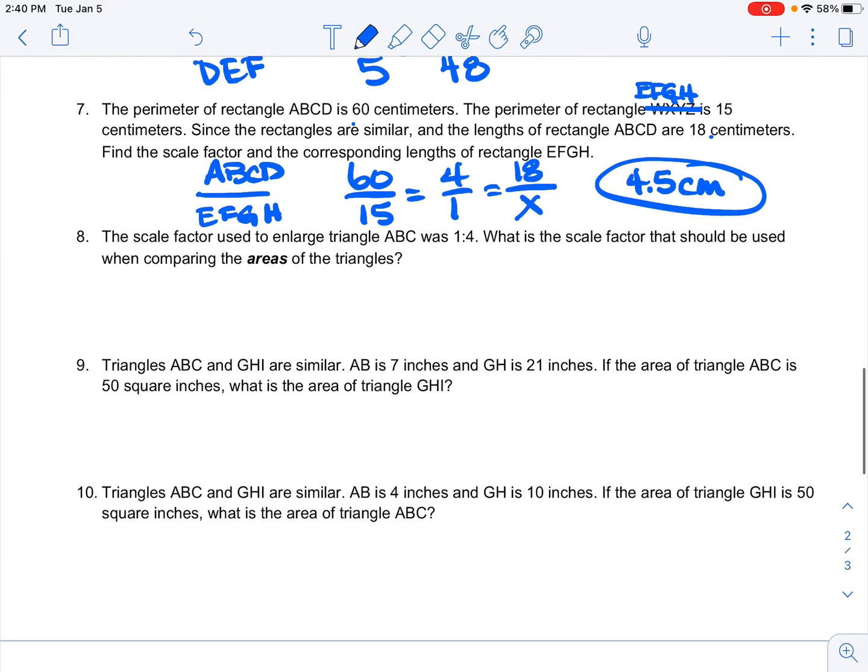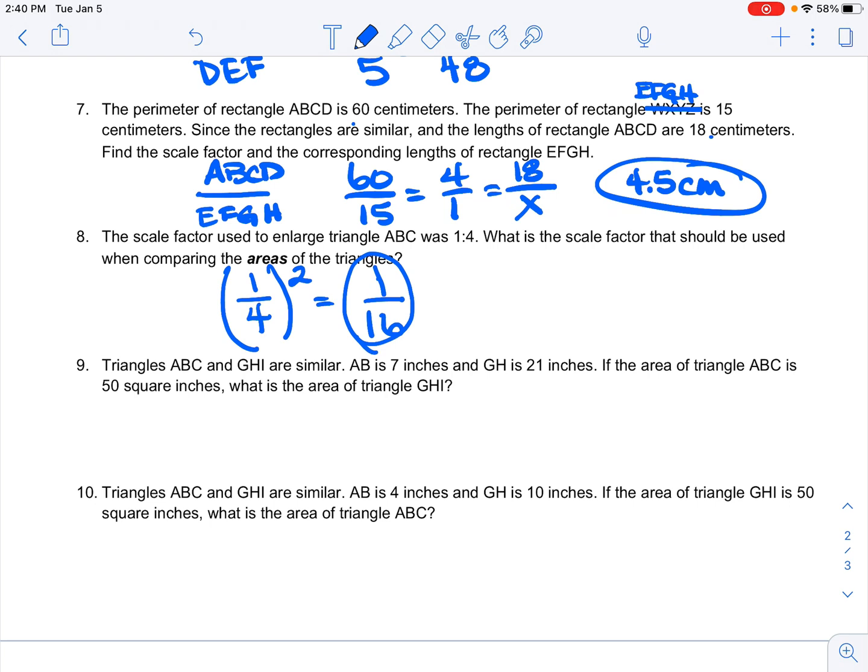Now, what happens when it's talking about areas? If you remember, we're going to square the scale factor. So if the scale factor used to enlarge the triangle ABC was 1 over 4, we are going to square this, which means 1 squared is 1 and 4 squared is 16. So what is the scale factor that should be used when comparing the areas of the triangles?